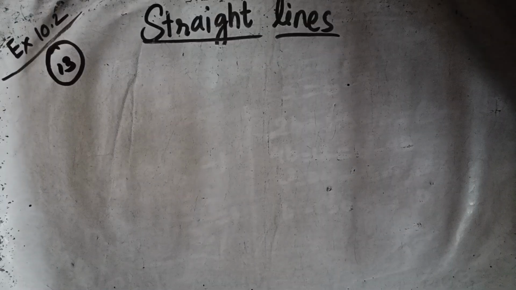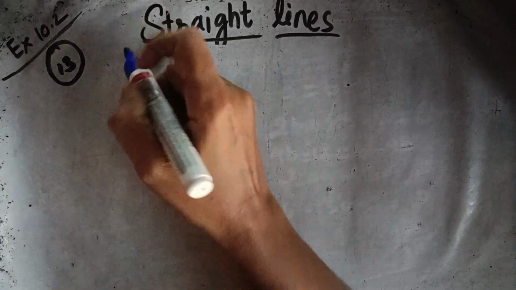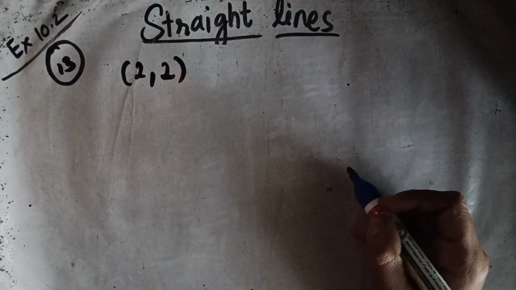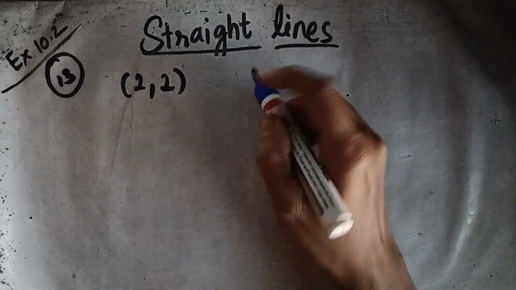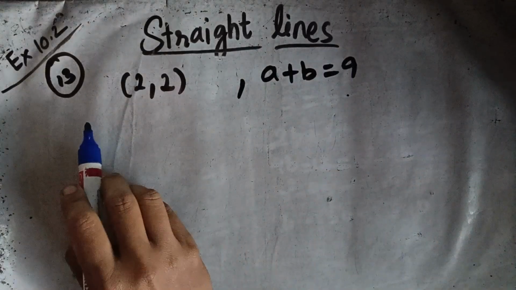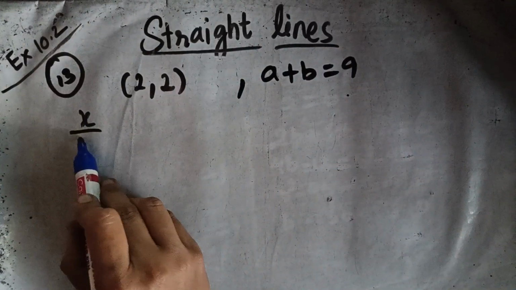Question 13. Find the equation of the line passing through the point (2, 2) and cutting intercepts on the axes whose sum is 9. So the intercept sum is given, which is 9. Okay, so we can use the intercept form.